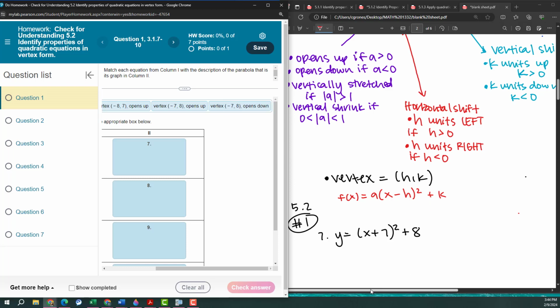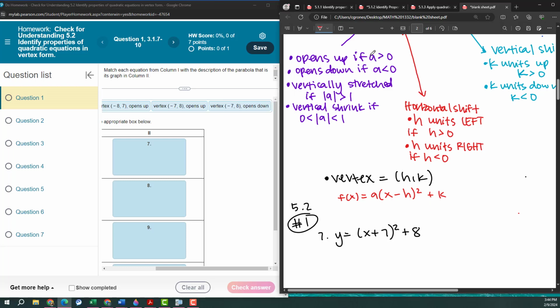So it opens up if a is greater than 0, and it opens down if a is less than 0. So in this case, we don't really have an a right here. Since there's not a number, we know that it's just 1. So a is greater than 0.